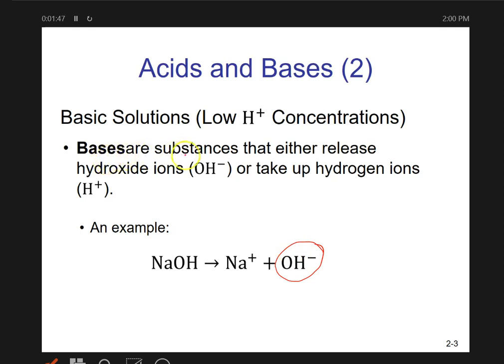Bases are chemical compounds that take up hydrogen ions. A very common base is sodium hydroxide, and in water it is going to break up into sodium ions and hydroxide ions.